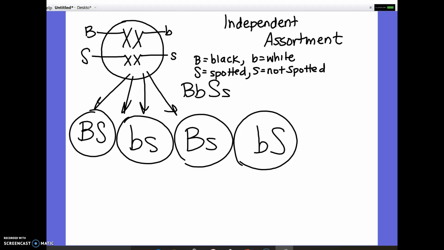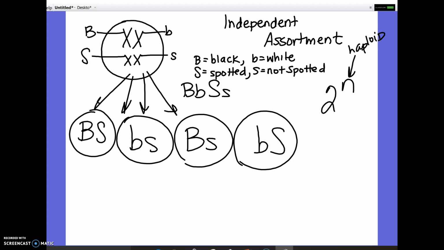There's a mathematical way to calculate how many possible outcomes there are based on the haploid number of the cell. So the haploid number is 2, right? There's 2 different chromosomes. It's 2 to the n, with n being the haploid number of chromosomes. So in this case, 2 to the n, that means there were 4 possibilities.